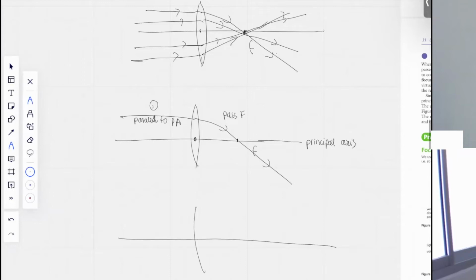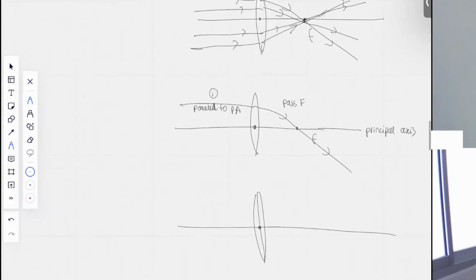The second type is the reverse of number 1. You have it pass through the focal point first. Number 2, pass F, then parallel to the principal axis.